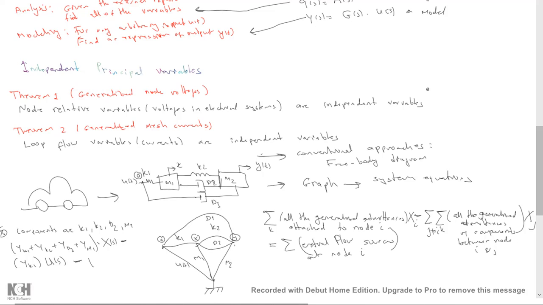We write the sum of the generalized admittances Yk2 plus Yd2 times y of s. Here Y with subscript shows the generalized admittances. This y of s is just the position of the mass M2. This equals: is there any external flow source exerted on the system? No, so it is equal to 0.